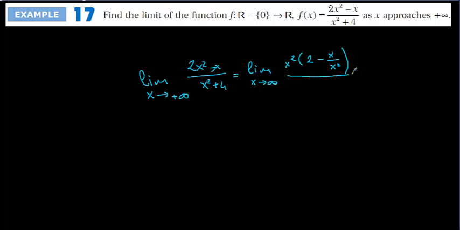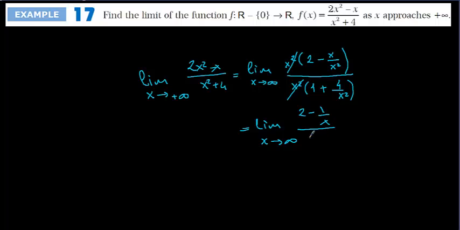Then the denominator is going to be x squared times 1 plus 4 over x squared. Okay, then this x squared and this x squared you may simplify. The limit becomes 2 minus 1 over x over 1 plus 4 over x squared.